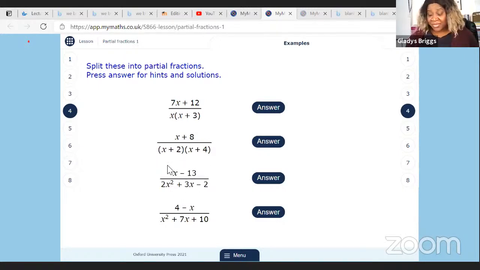I'm just going to write that down now, as the one I will put on Moodle for you to do for tomorrow, for your at-home learning.